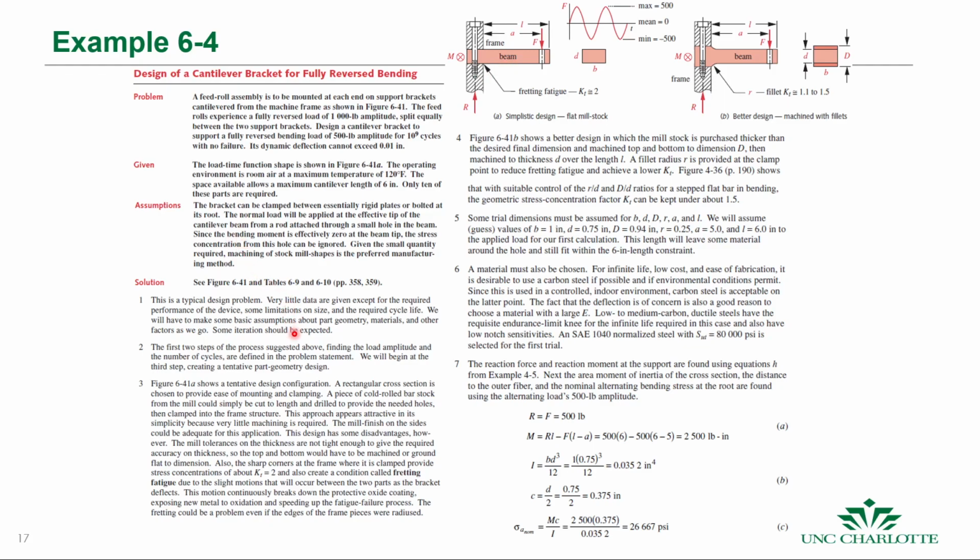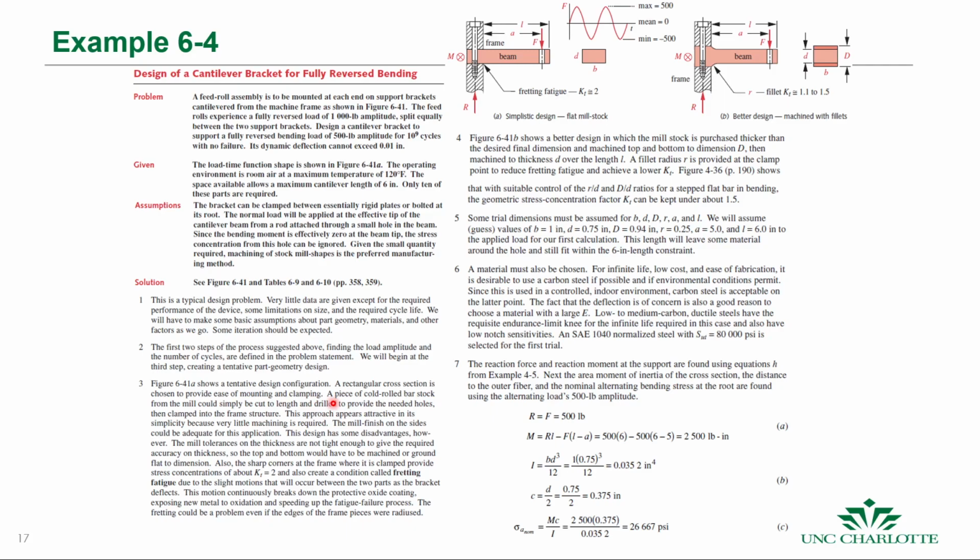So we have to do the static analysis and find our loads. In this case, because we only need 10, we get a stock material that's slightly oversized, and then we can machine it, turn it down, to get the near net length.